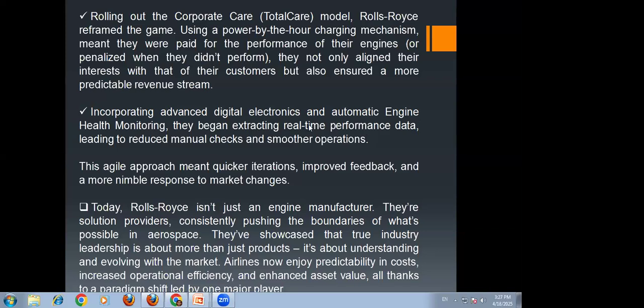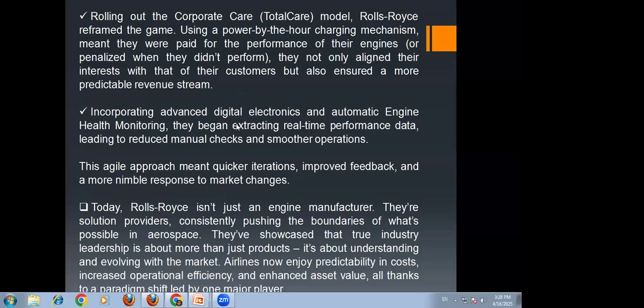All thanks to a paradigm shift led by one of the major players, Rolls-Royce. This is one example of servitization in the aircraft business.